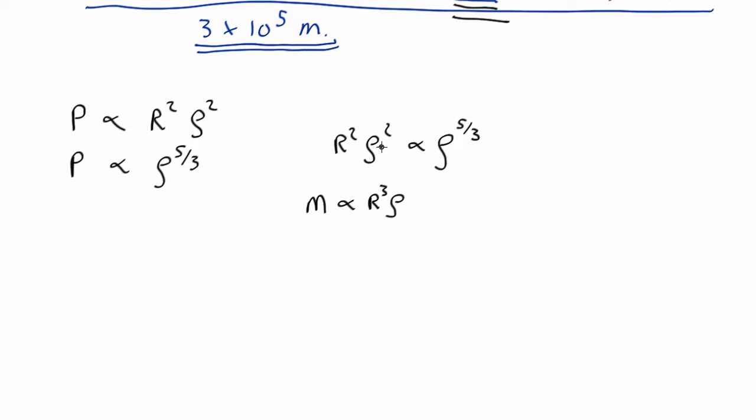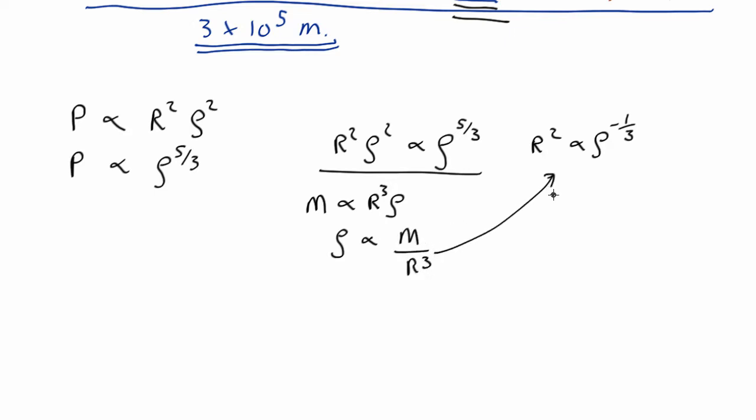Okay, so let's combine these. Let's rearrange that. We get that r squared is proportional to rho to the 5/3 minus 2, which is rho to the minus 1/3. And from this we know that rho is proportional to m over r cubed.